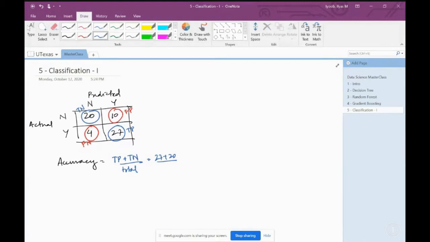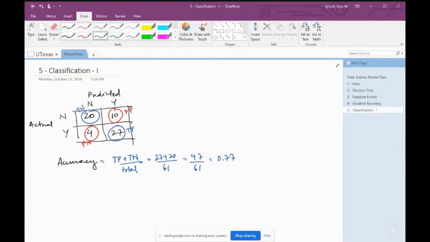You have 27 plus 20, so you get 47, divided by the total, which is plus another 10 and plus another 4, 61. So 47 divided by 61 gives us 0.77. All right, so that is our accuracy.